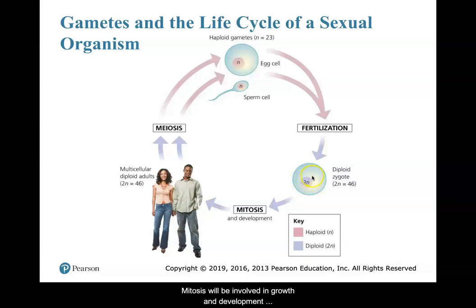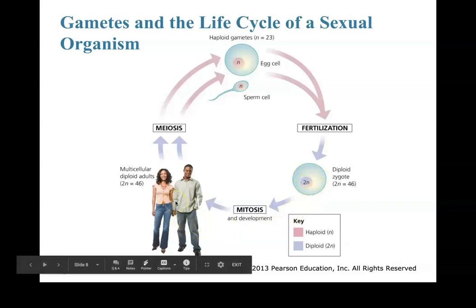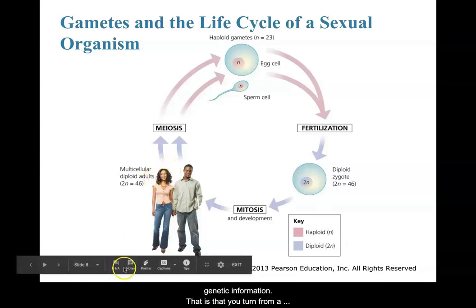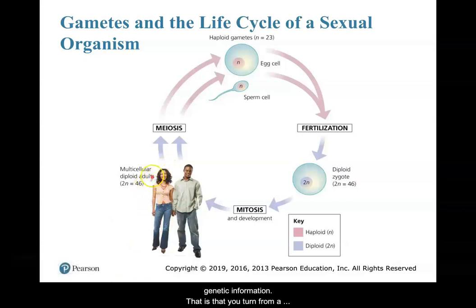Mitosis will be involved in growth and development, allowing that zygote to form into an adult human. And it is only through the process of meiosis, so this is where I want to point out in this diagram, that you turn from, let me use my pointer here, you turn from a diploid 2N number, and you undergo the process of meiosis to now go to that haploid number.